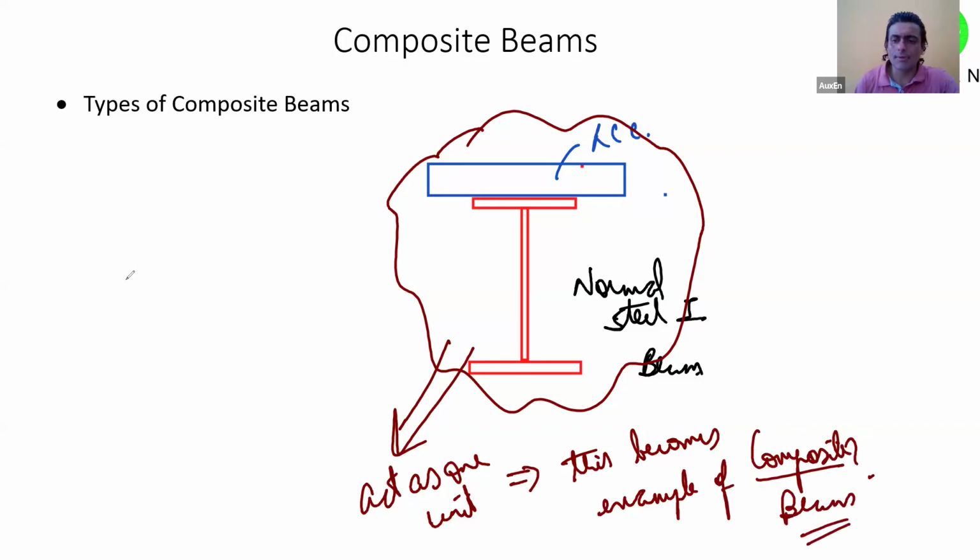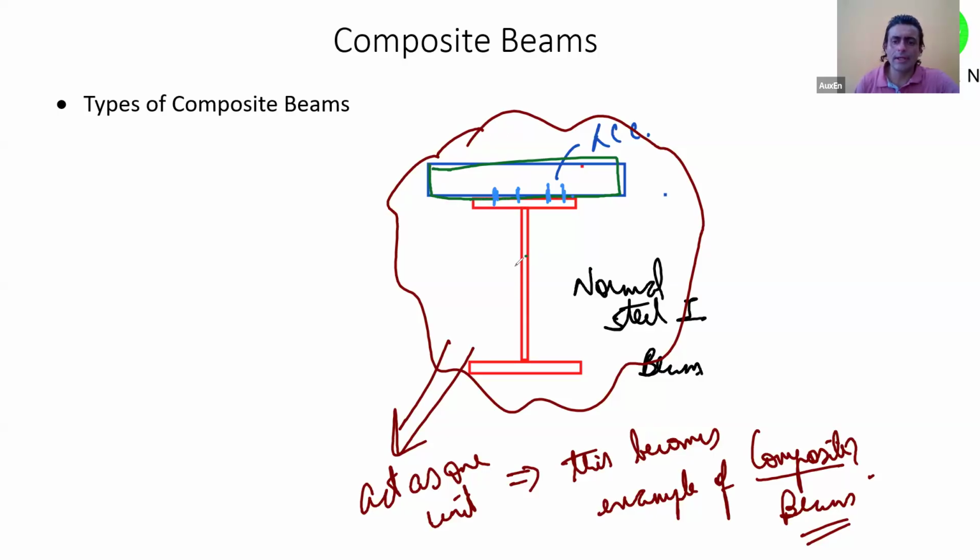This becomes one of the most commonly found examples of composite beam. So I had a beam, a normal I section structural steel beam. On top of it, I put an RCC slab. Somehow I connected these two elements together, which we will discuss later on, of course, how I am going to connect them. So let's say somehow I was able to connect them together.